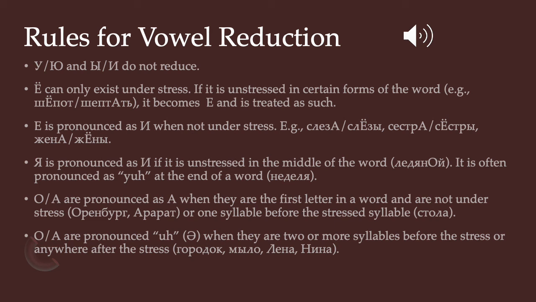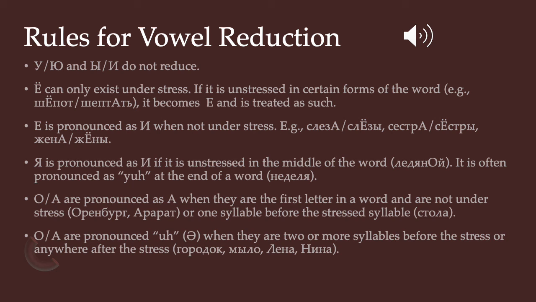O and a become a schwa, which is that little upside down e symbol you see there, pronounced kind of like uh, when they are two or more syllables before the stress or anywhere after the stress.